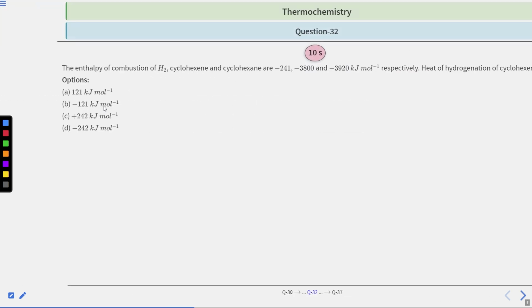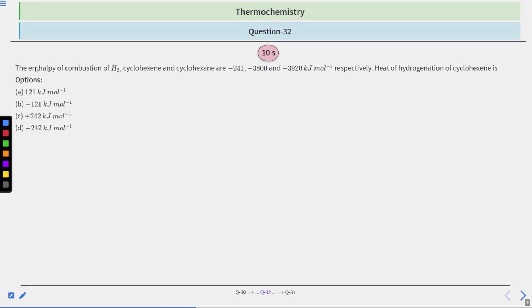Let's move to the next question, question number 32. The enthalpy of combustion of H2, cyclohexene and cyclohexane are minus 241, minus 3800 and minus 3920 kilojoule per mole respectively. The heat of hydrogenation of cyclohexene is: so we have to find the heat of hydrogenation of cyclohexene, given the enthalpy of combustion for H2, cyclohexene and cyclohexane.